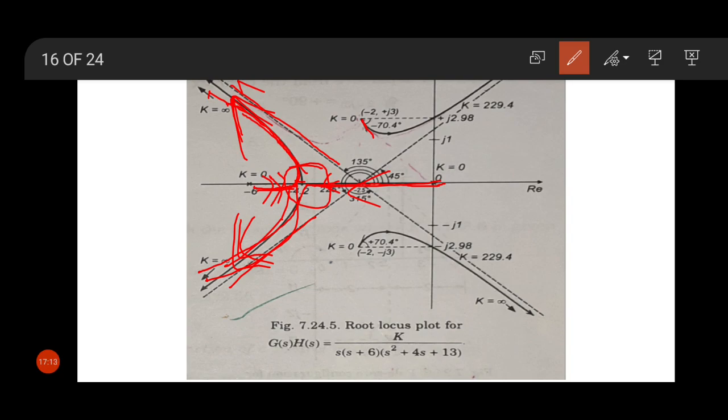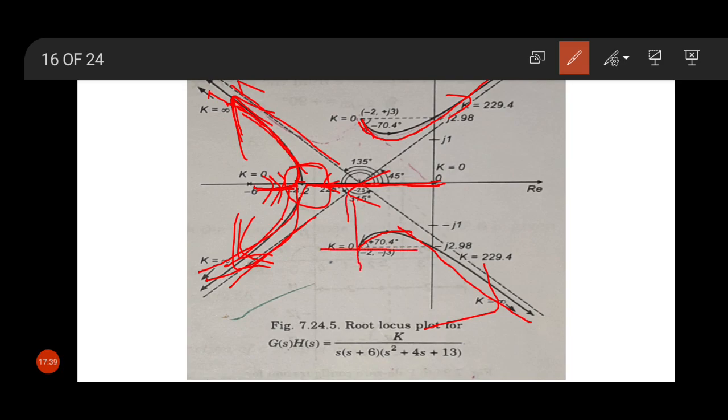So from -2 plus j3 locus starts in this way and follows the asymptote, and from -2 minus j3 locus starts in this way at angle plus 70.4 and follows in this way. Okay, clear?